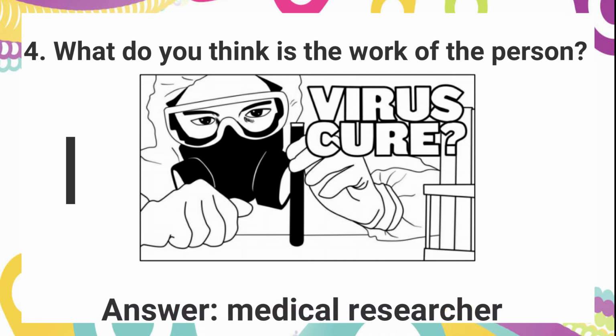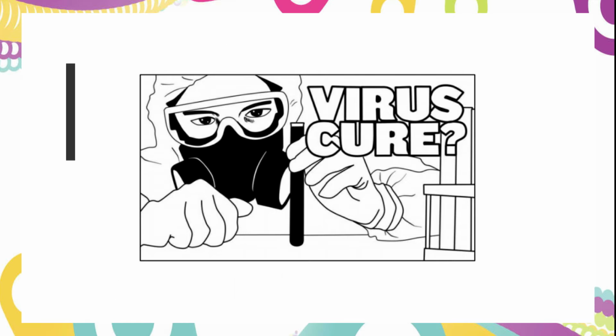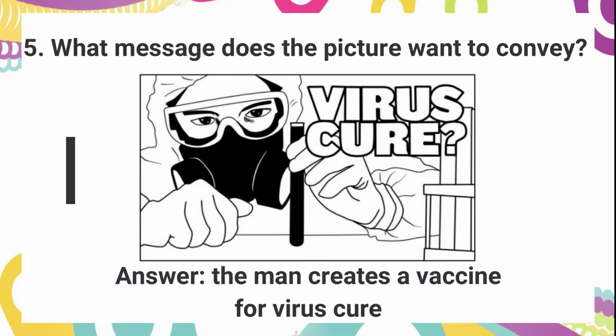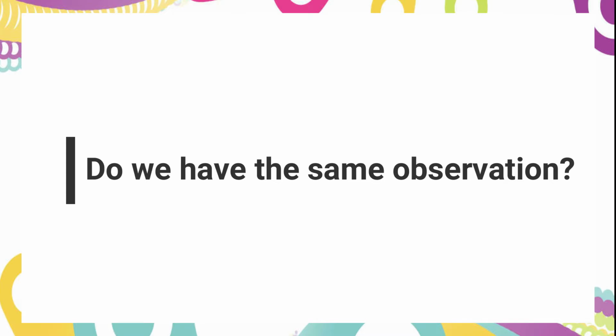For number 4, the answer is medical researcher. And lastly, for number 5, the answer is the man creates a vaccine for a virus cure. Do we have the same observation?